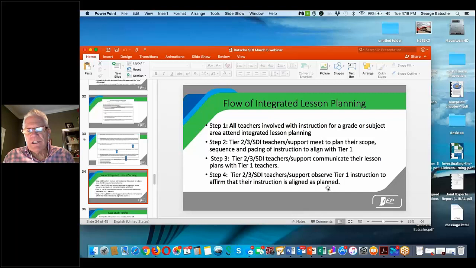The Tier 2, 3, and specially designed teachers also communicate what they're doing with the Tier 1 teachers. And step 4 is critical. EL, reading specialist, special ed teachers need to observe in Tier 1 instruction so they can get a very organic understanding of how the students they work with are actually performing in Tier 1.